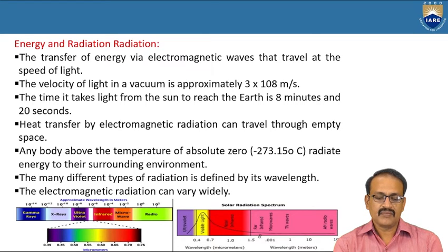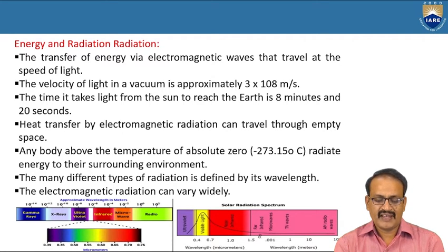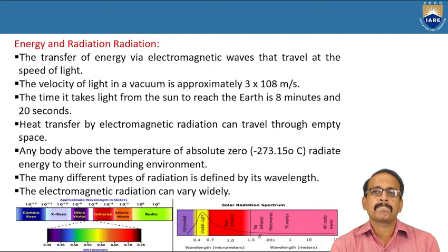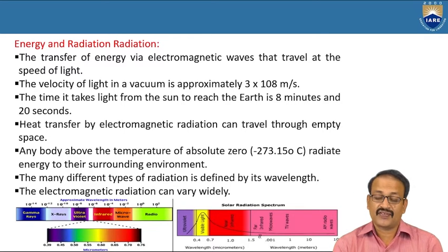If you observe the approximate wavelength in meters: gamma rays 10 power minus 14, X-rays 10 power minus 12 to 10 power minus 10, ultraviolet rays 10 power minus 8, infrared rays 10 power minus 6 to 10 power minus 4, microwaves 10 power minus 2, and radio waves 10 to 10 power 2.